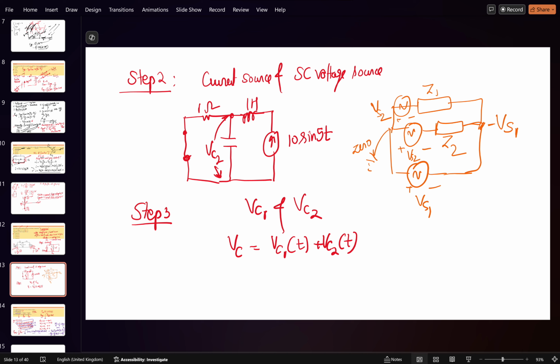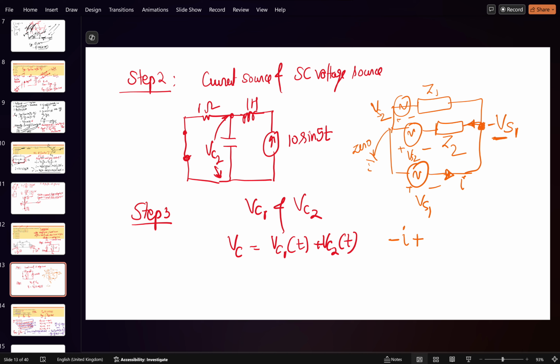So the current was going like this. What I have told is that the current you should always take as leaving from that junction. But here in this junction, it is coming into the junction. It means that you should take the minus side as plus. If you want to take the current out of this junction, it means that minus VS1 is at a higher potential.